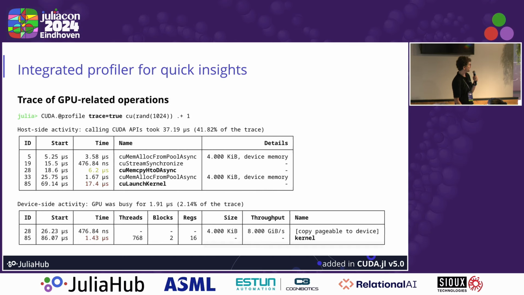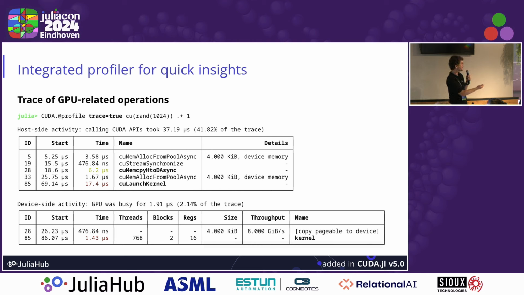We also have a trace view where you get a chronological trace of the operations that happened, again, both on the host side and on the device side. Because all of the operations are now separated apart, they're not summarized anymore, we can provide additional details on each operation.